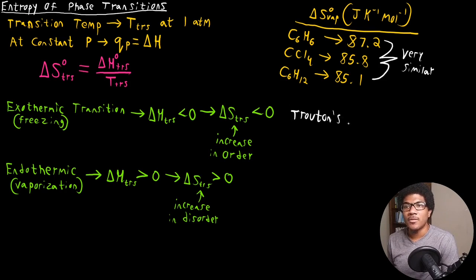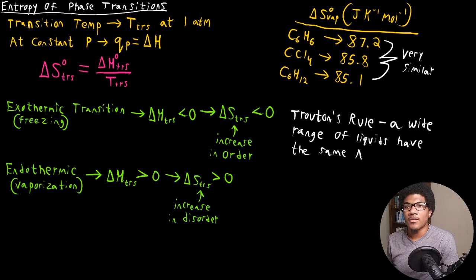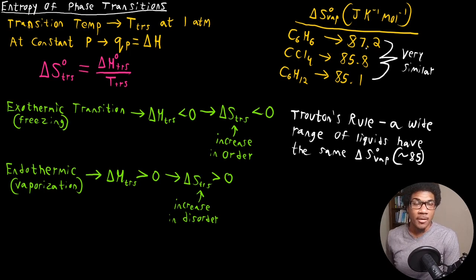Trouton's rule is just the general observation that a wide range of liquids have the same delta S of vaporization, and it's about 85 joules per mole per Kelvin, right?